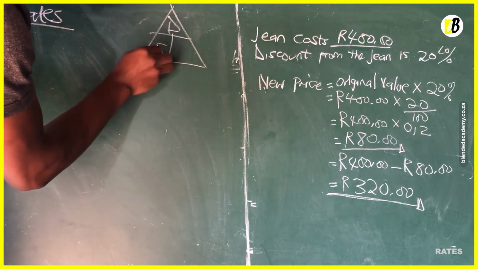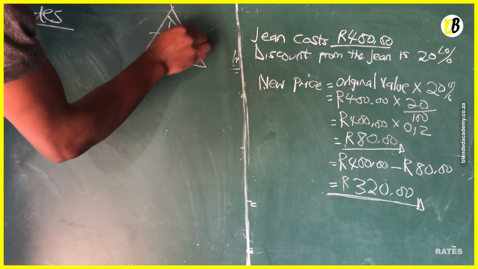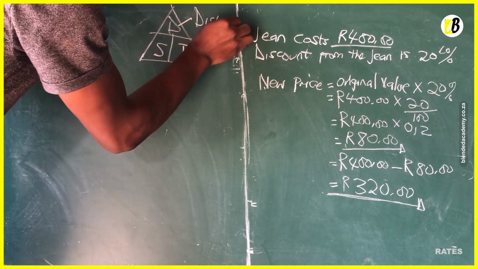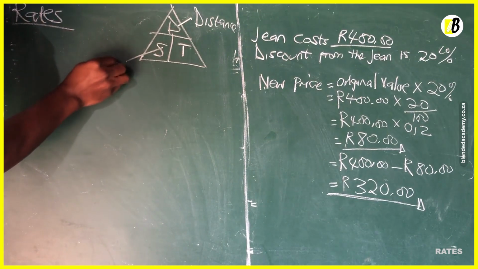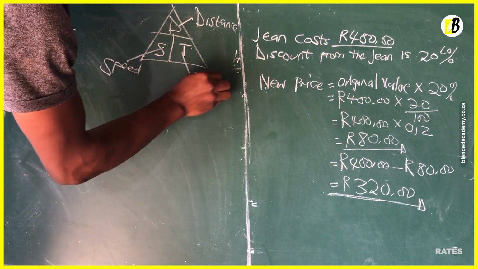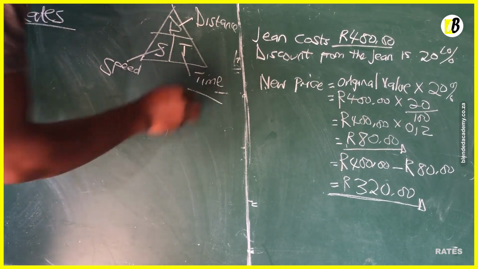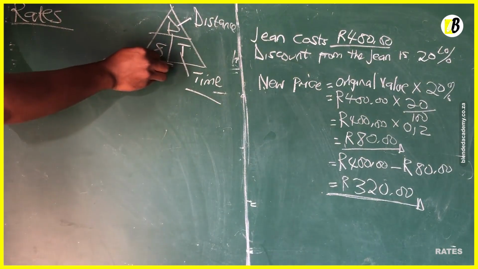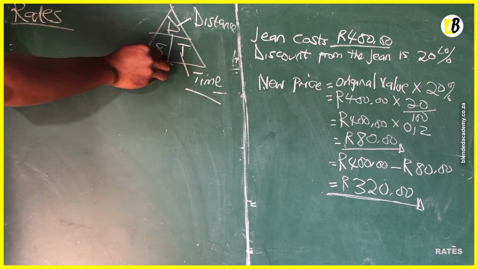D, S, T. This one represents the distance, this one represents the speed, and this one represents time, right? So you have to be given 2 values here to be able to find the third value.